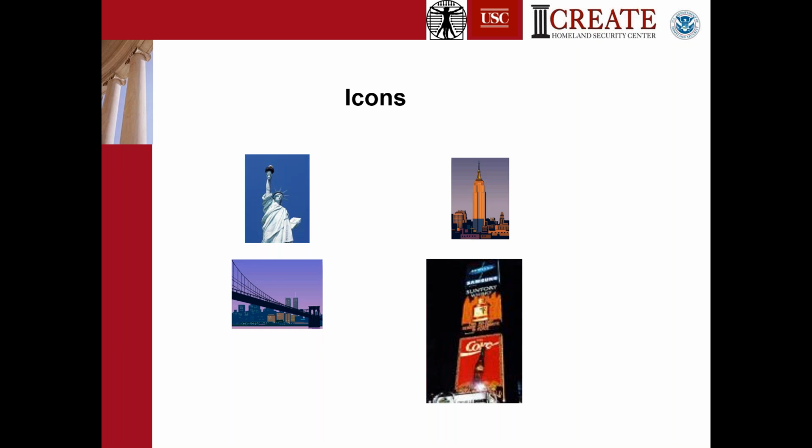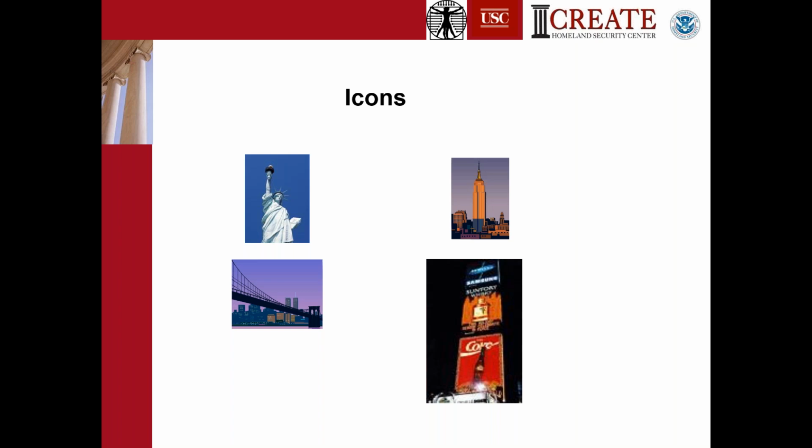These are the Statue of Liberty, Empire State Building, Times Square, and the Brooklyn Bridge, back when the Twin Towers were still standing in the background there. Turns out none of these were chosen as icons when DHS went through this funding priority process.